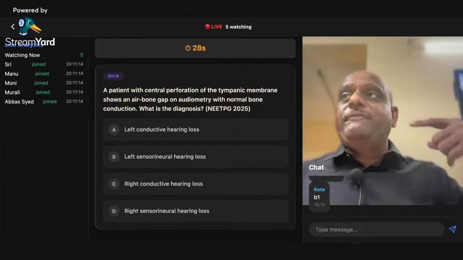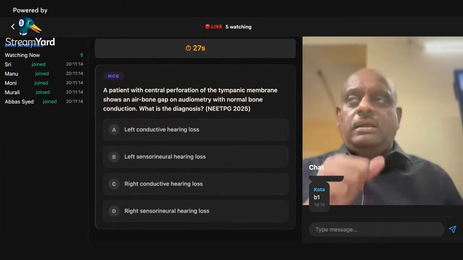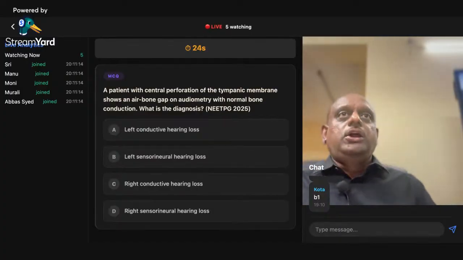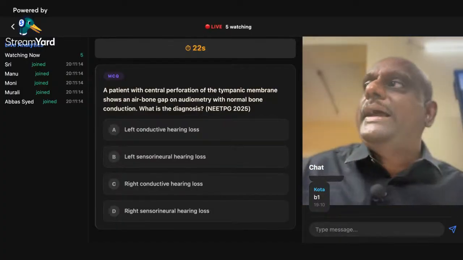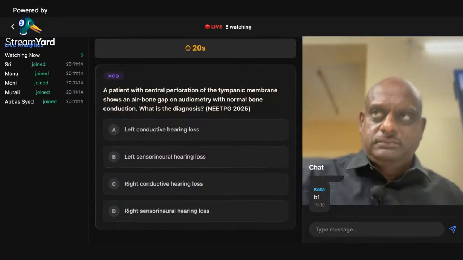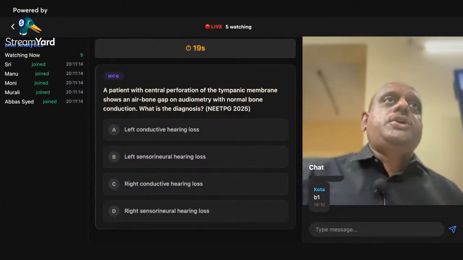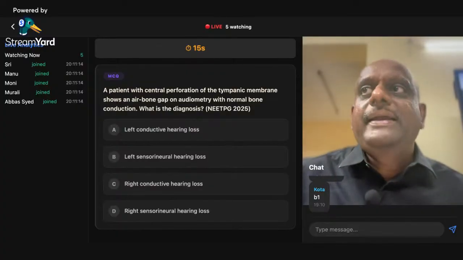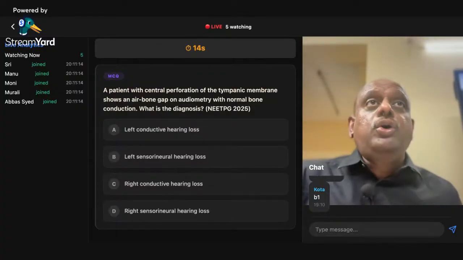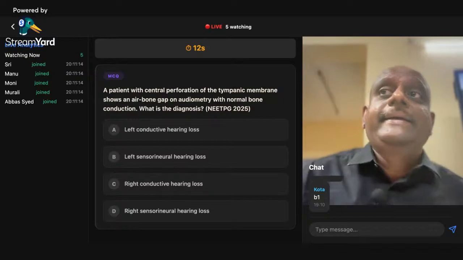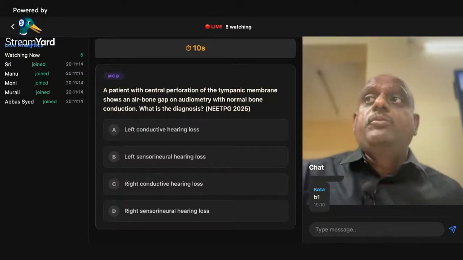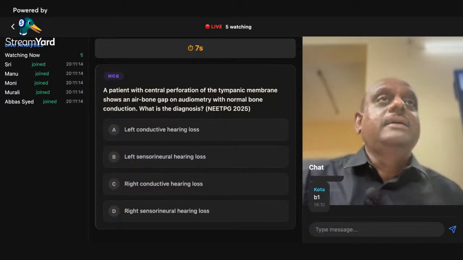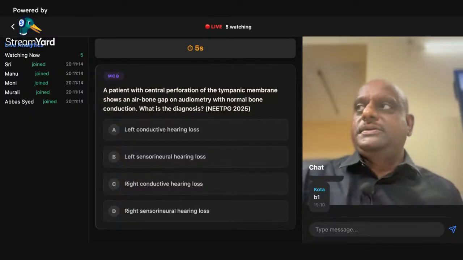There is a central perforation of the tympanic membrane, an air-bone gap on audiometry, and normal bone conduction. What is your diagnosis, doc? So you should know Weber's test, Rinne's test, etc. Where is the air-bone gap? With a normal bone conduction and a central perforation, what is your diagnosis?